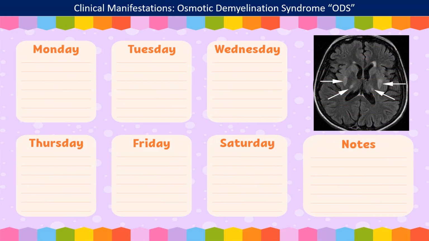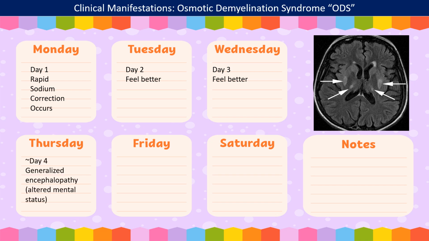How does ODS manifest clinically? After the rapid correction of hyponatremia, patients will have improved mental status for a couple of days, only to rapidly deteriorate days later.